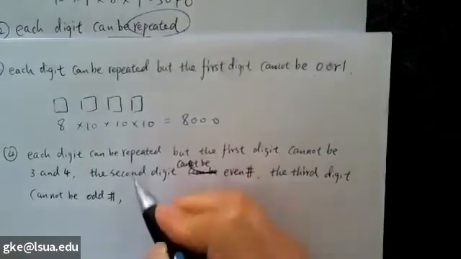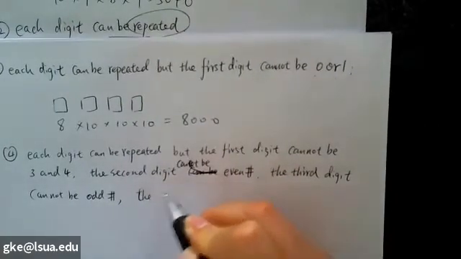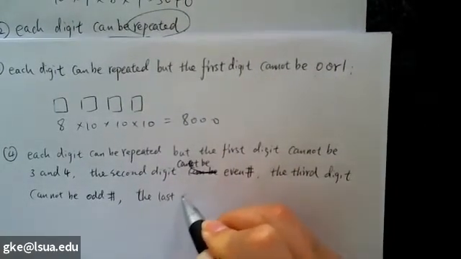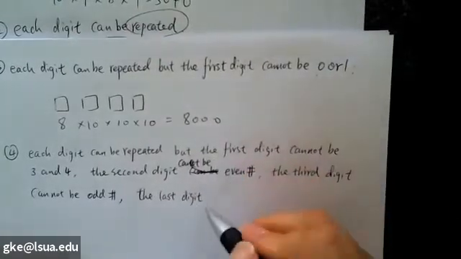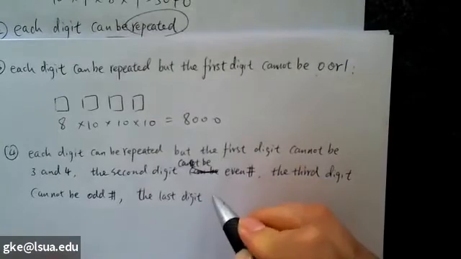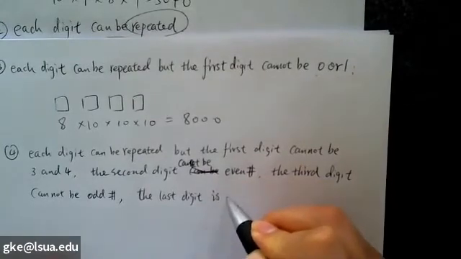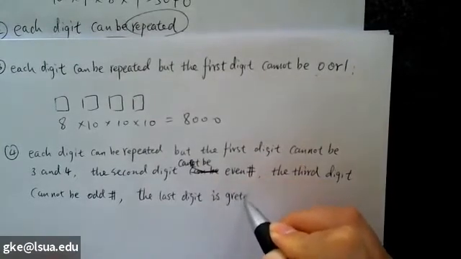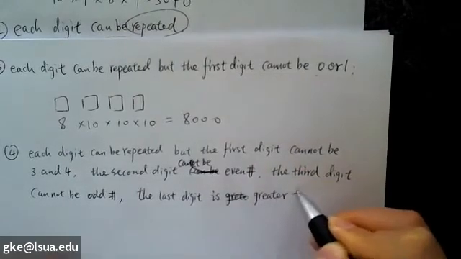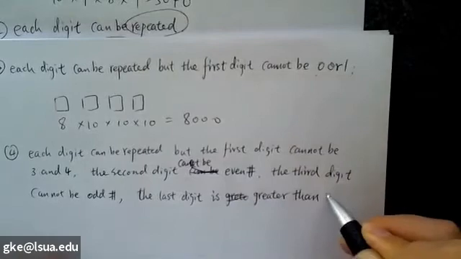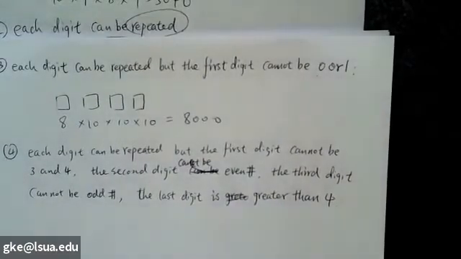And the last digit is greater than 4. Oh, it's a little bit messy.